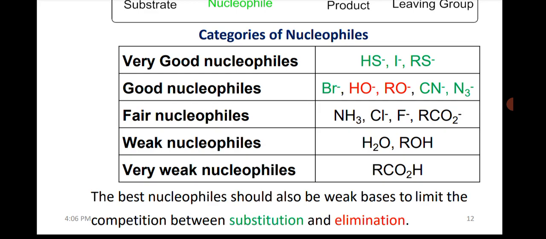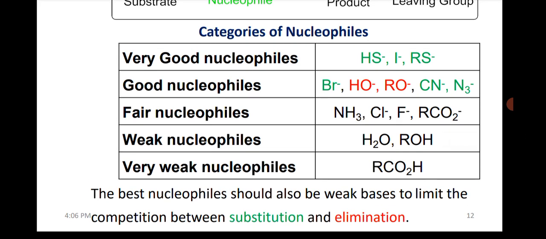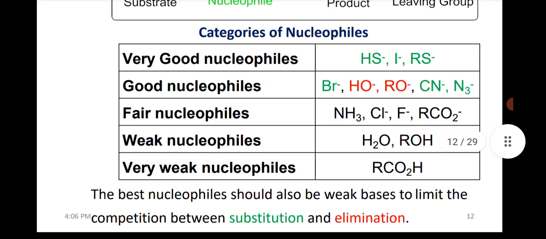That means we eliminated E1, E2, E1CB and other elimination reactions on the basis of nucleophilic character, so we concluded here that during asymmetric synthesis we have SN1 and SN2. In both of these we prefer SN2. Why? Because of its stereospecific character.